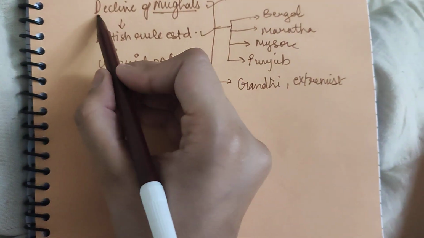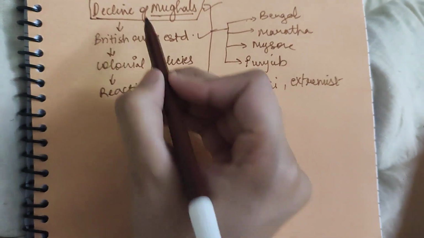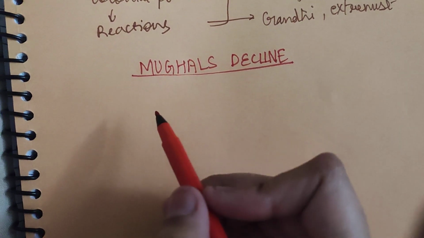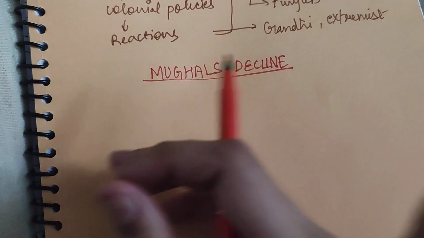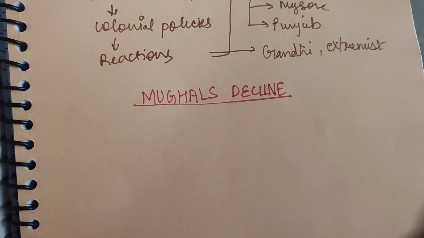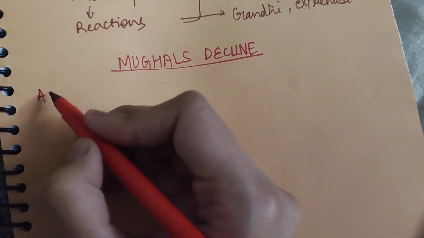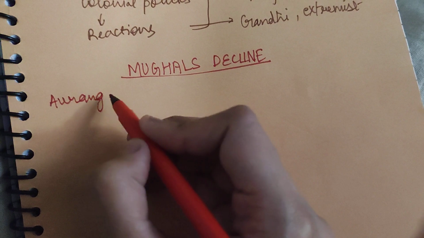First of all, let us talk about the decline of the Mughals. When we are talking about the decline of the Mughals, there were all of these people. The last most powerful Mughal ruler was of course Aurangzeb, we all know this.